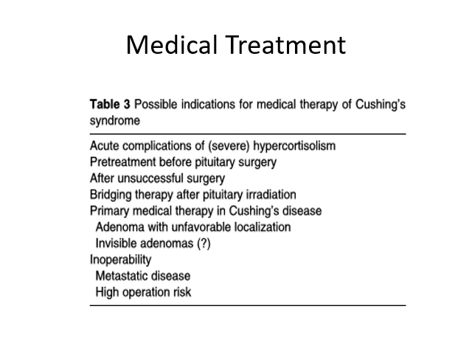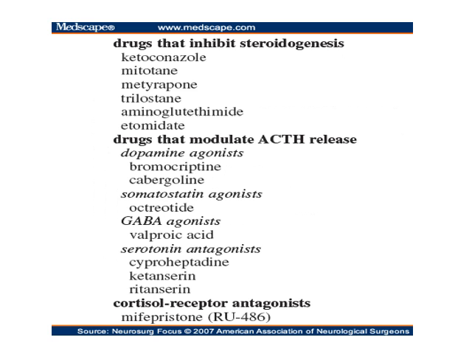Medical treatment is there, however, we don't commonly resort to medical treatment unless it is a pre-treatment step before pituitary surgery or before adrenal surgery, a bridging therapy after pituitary irradiation, or in inoperable cases of ectopic Cushing or adrenocortical carcinoma.